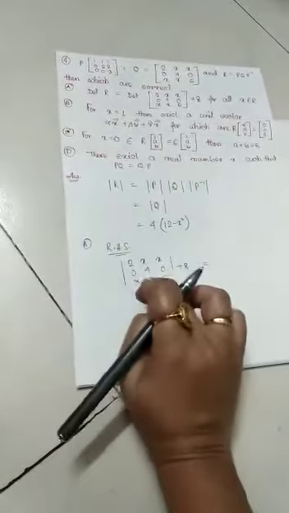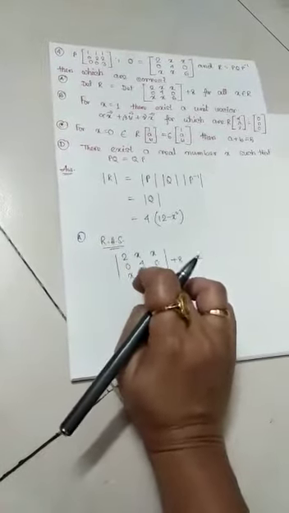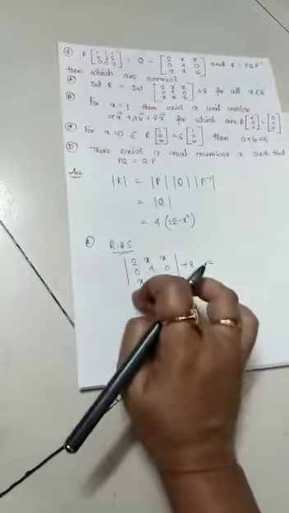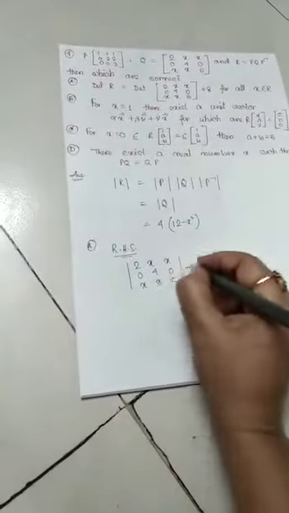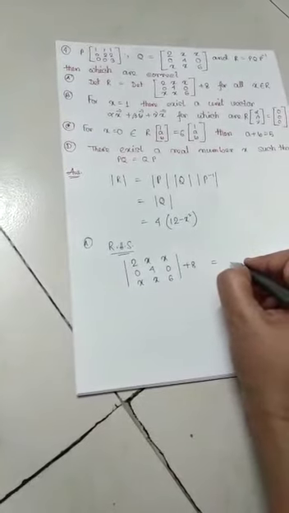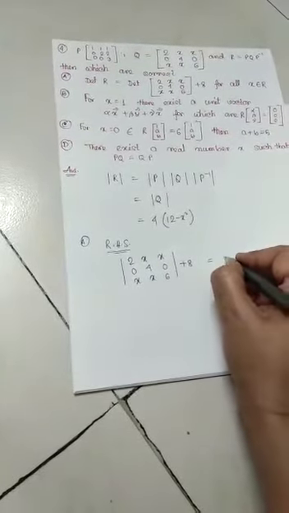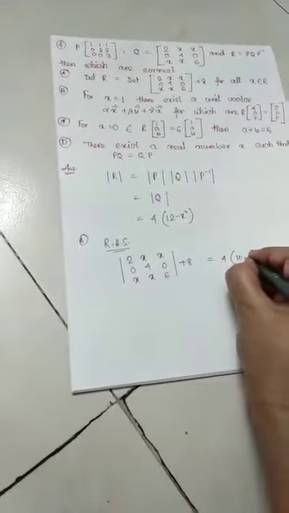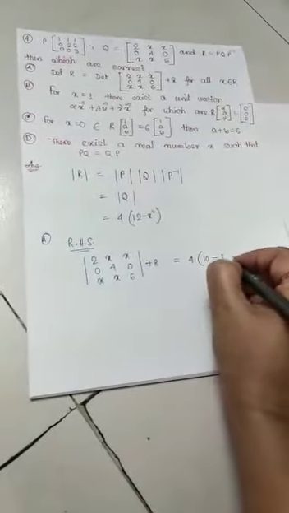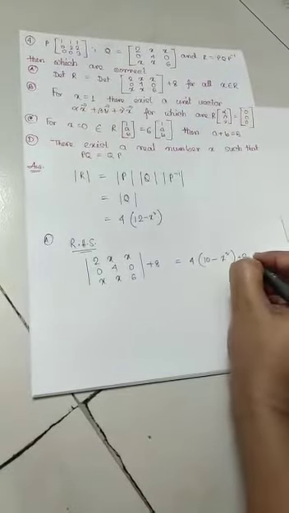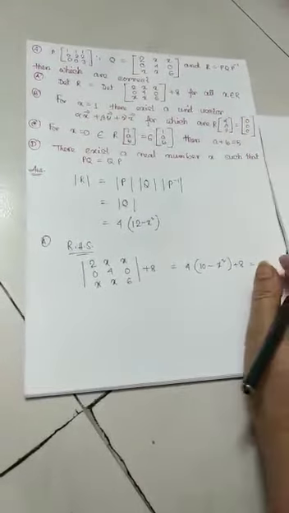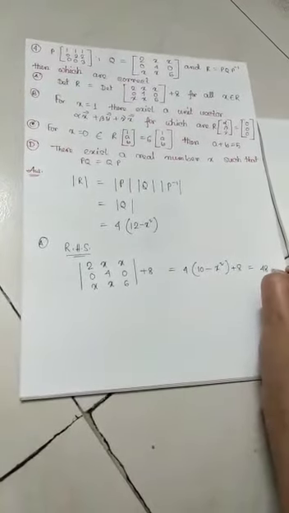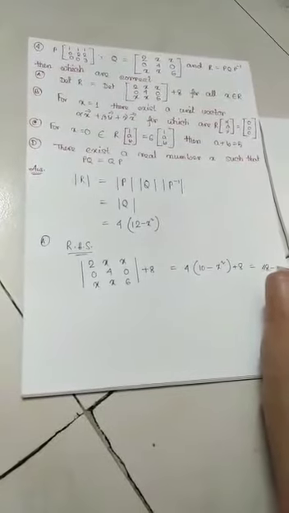Expanding, that is equal to 4 into (10 minus x square) plus 8, which is equal to 48 minus 4x square.